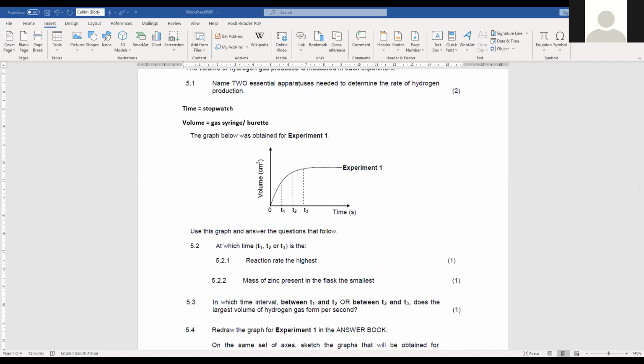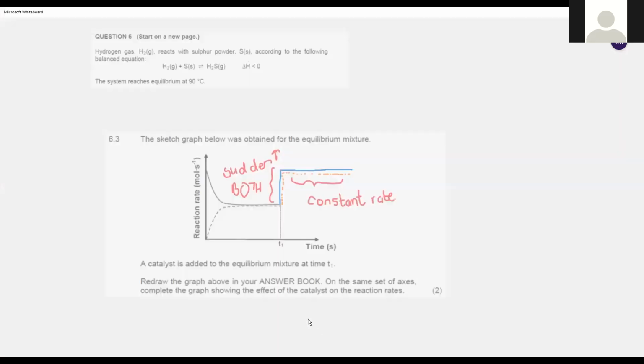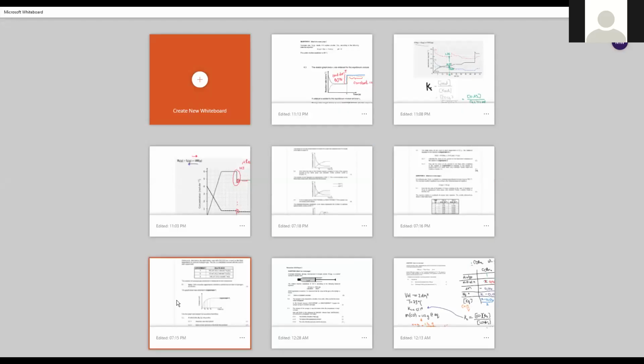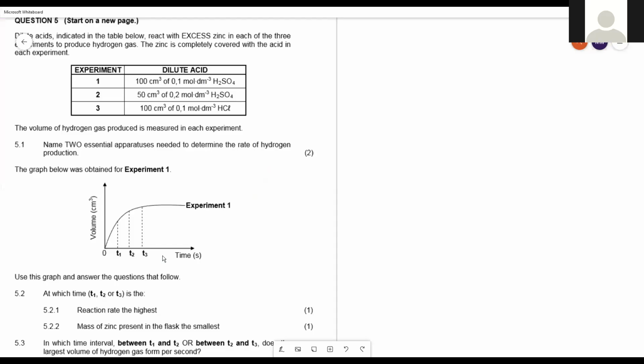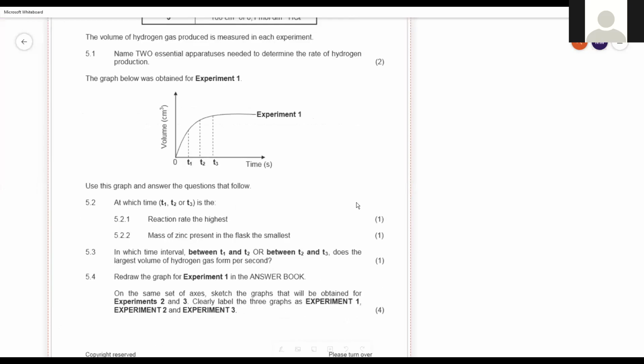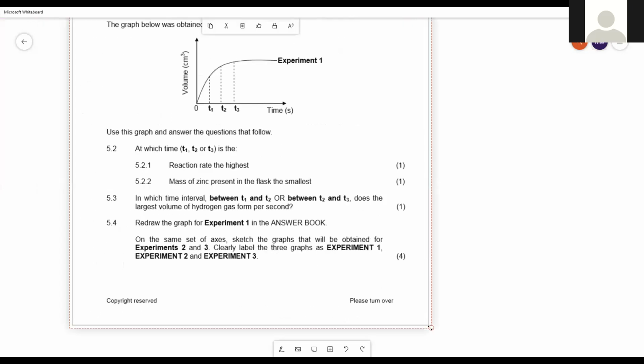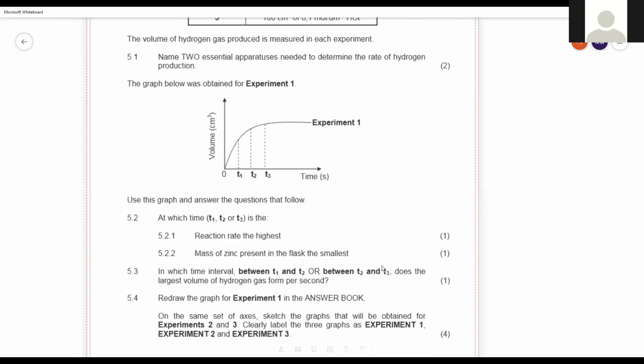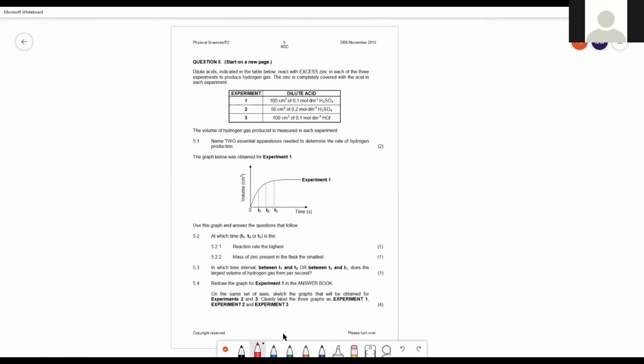So I quickly want to show this to you visually. Okay, so what they're basically asking you is at which point over here do you have the steepest curve?